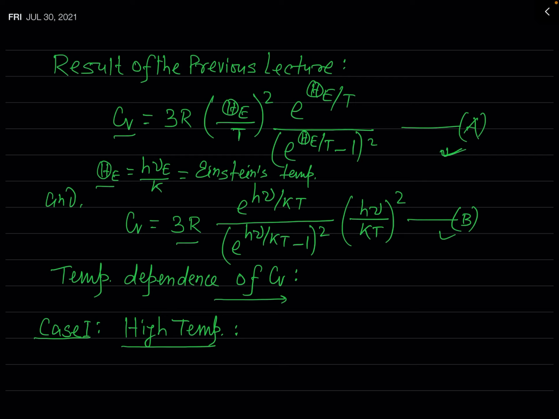To get the result in this case, let us simplify the expression (e raised to the power h nu by kT minus 1) whole square in the denominator of equation B.